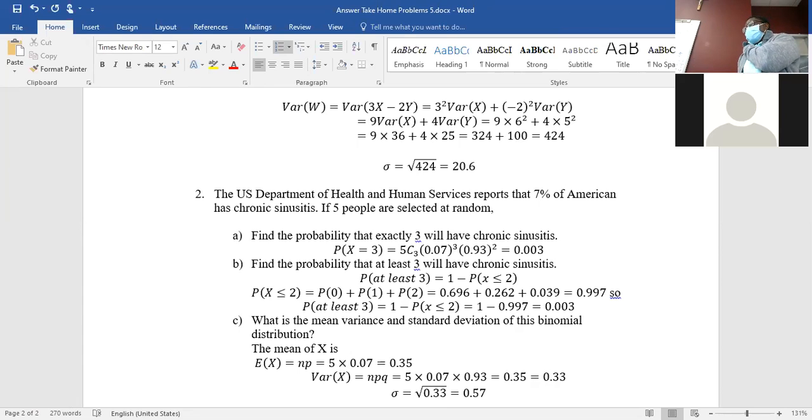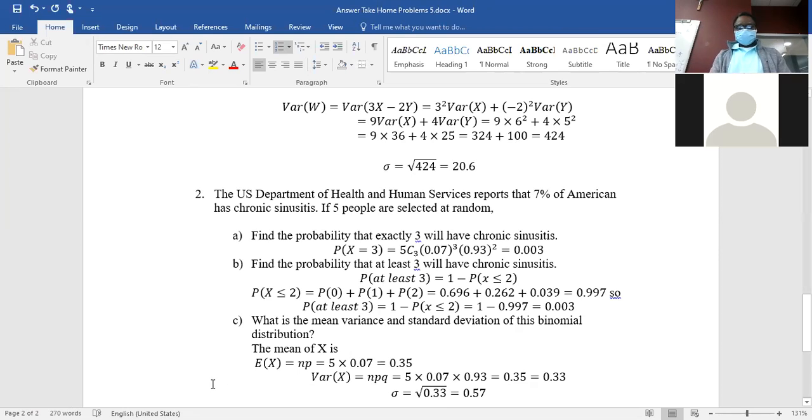But the table is limited to some nice probabilities like 0.1, 0.05, 0.15, 0.2, 0.25, 0.3. With your calculator, you go to second function, distribution, binomial distribution, or you just Google a binomial distribution calculator, and you will get answers to many of these problems.